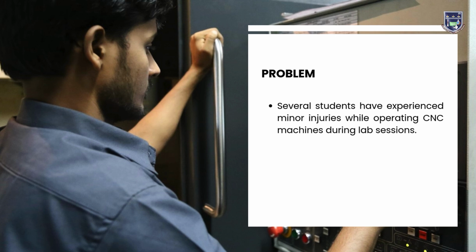These accidents, although not severe, raised concerns about the students' safety and the need for more robust safety protocols. The department decided to conduct a 5 why analysis to identify the root cause of these accidents and implement an effective solution. Students have experienced minor injuries while operating CNC machines during the lab sessions.